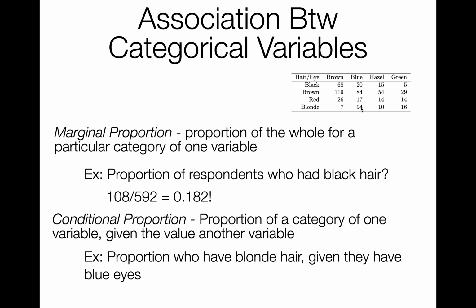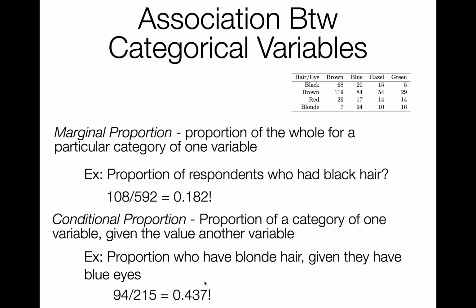I divide how many people have blonde hair and blue eyes, 94, by the marginal total of blue eyes, not the whole thing, just blue eyes, because I already know that they have blue eyes. So that would be 94 divided by 215, as if you add those together, 43%.